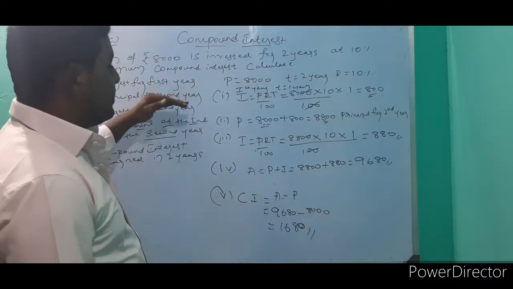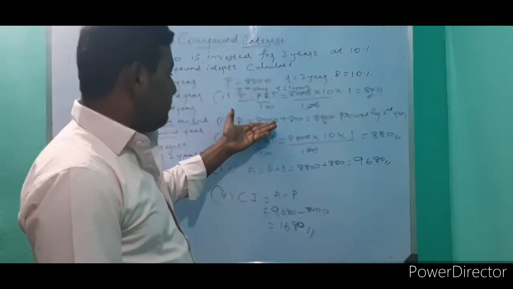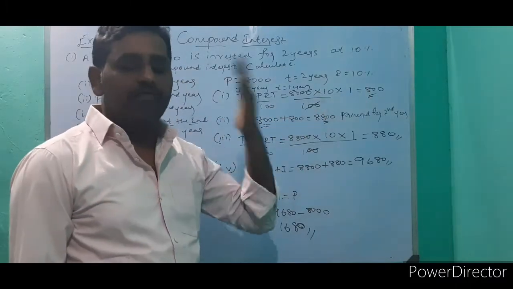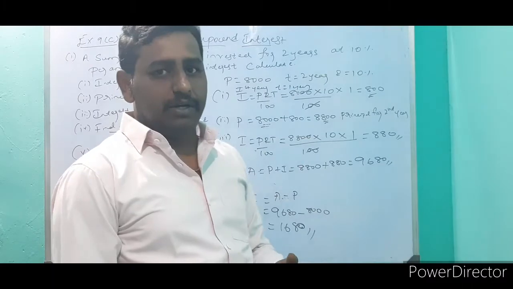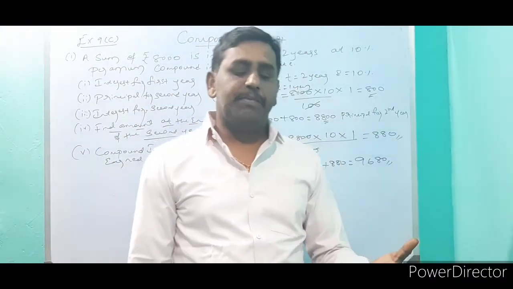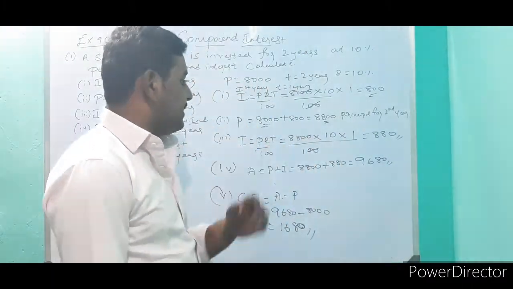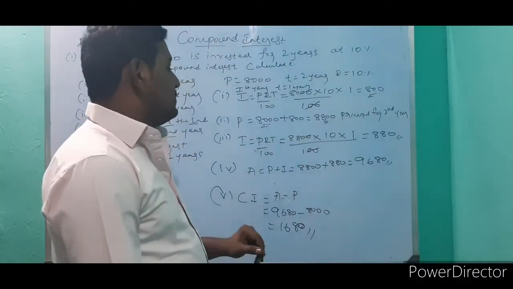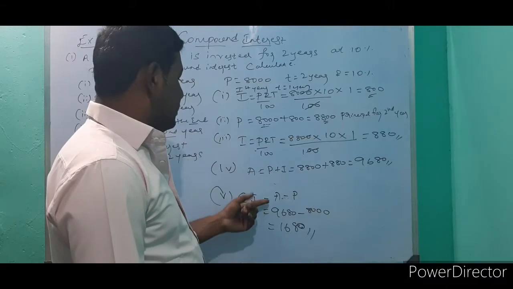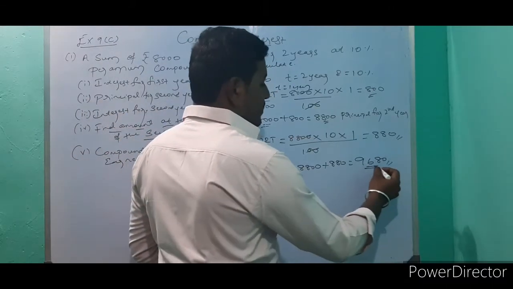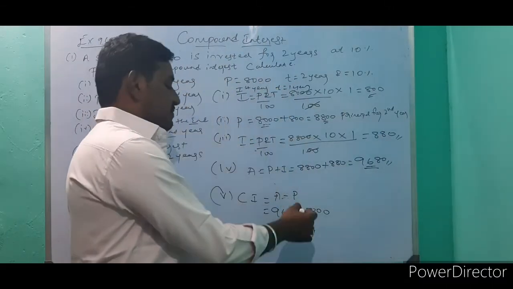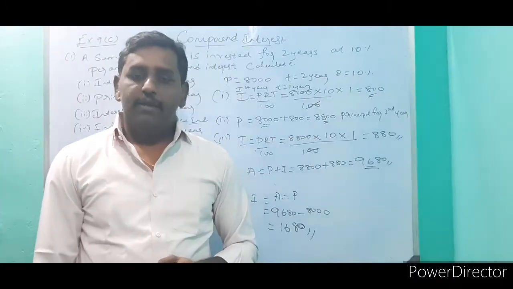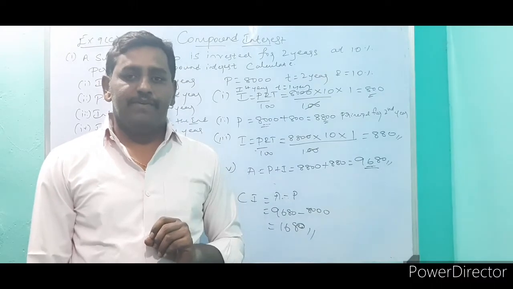If you want to find the principal for the second year, add the principal amount of the first year and the interest of the first year, and you will get the principal of the second year. In compound interest, the year-wise principal amount is changing by adding the interest of the previous year to the principal amount of the year. Like that you go through this process. At the final you will get the amount. This amount and this amount you can subtract, and you will get the compound interest for 2 years. Okay. So this is the way of solving the problem by the direct method.